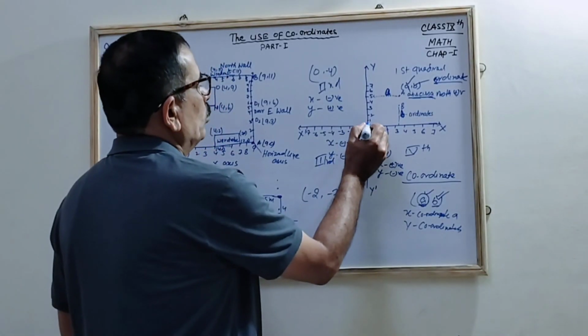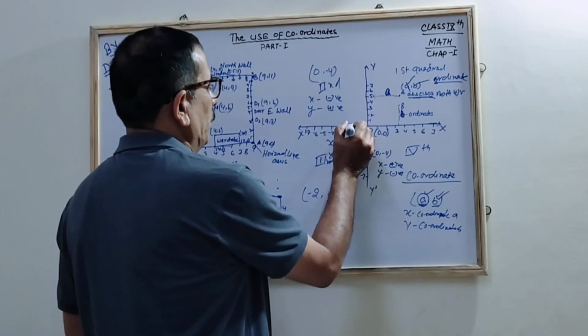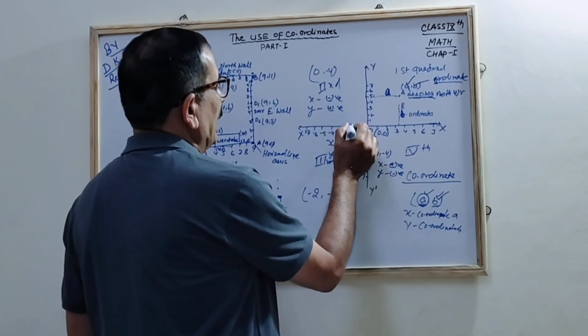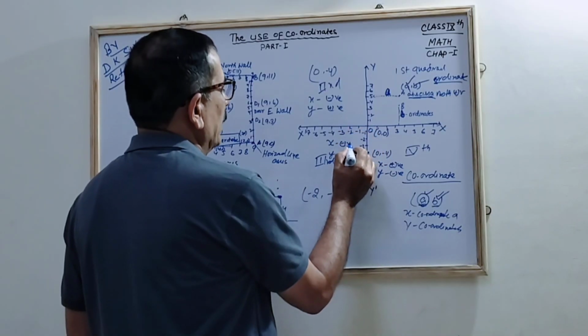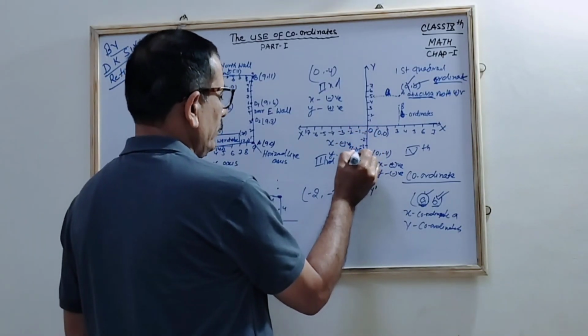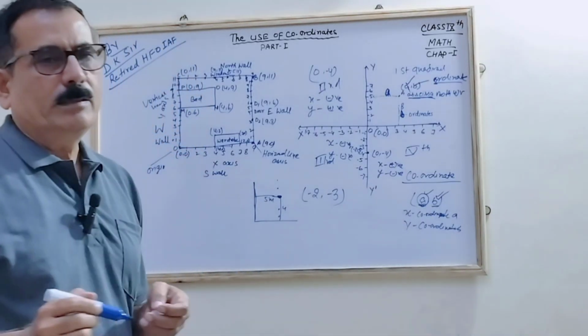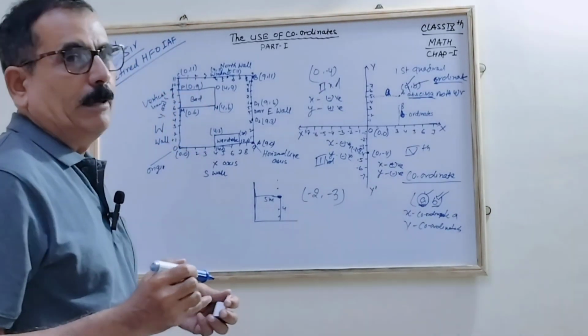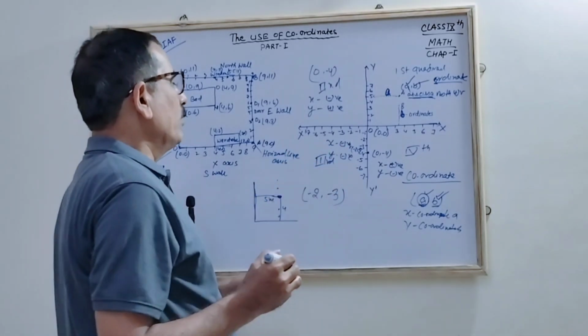You come to -2 on the x-axis first, then you come to -3 on the y-axis. So you get the bottom here, correct? So this becomes the point (-2, -3). Both are negative. Could you see it?